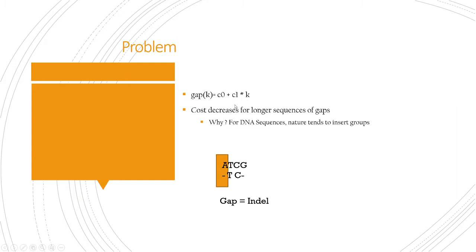If you have k gaps, then you have C0 plus C1 times k. So that is the difference here. Otherwise, the problem is very similar to the last time. There's a scoring matrix that gives you, if you compare any character with any other character in the alphabet, what the penalty is, and assume that a gap versus a gap is zero, and so on.